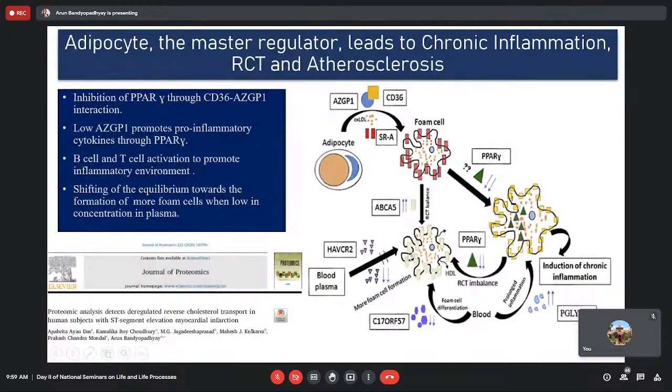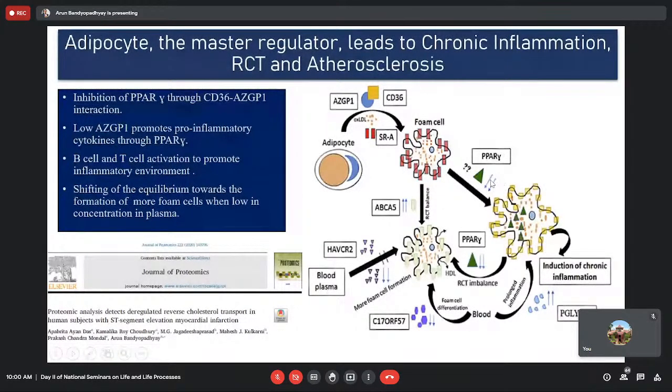When the other molecules, like ABCA5, C17orf57, and PPAR gamma, are in the normal state, this remains balanced. The foam cell and macrophage circuit is balanced. HDL helps remove excess cholesterol from the blood to the liver, and the system remains balanced.